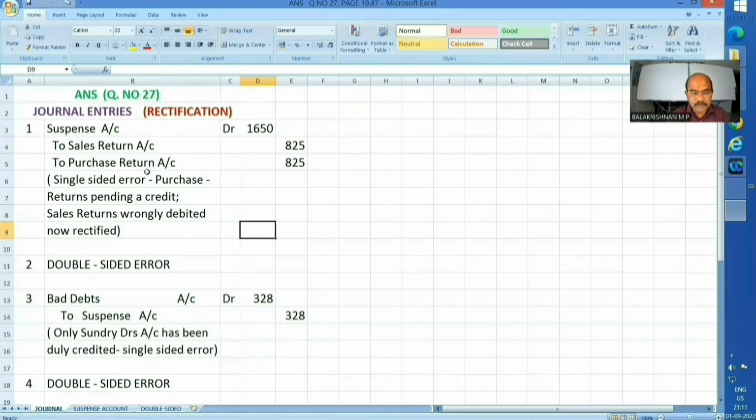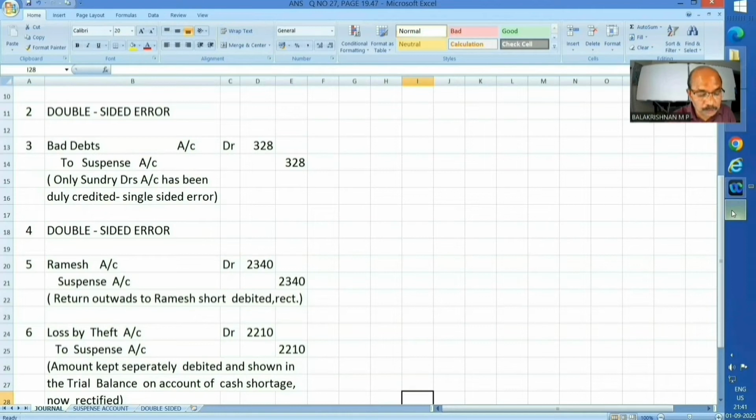So that only we need to rectify. Obviously, it will be a suspense account. The sum of this will be the suspense account amount. And we will show the narration. Single-sided error. Purchase return omitted to be credited. Sales return wrongly debited, now rectified.